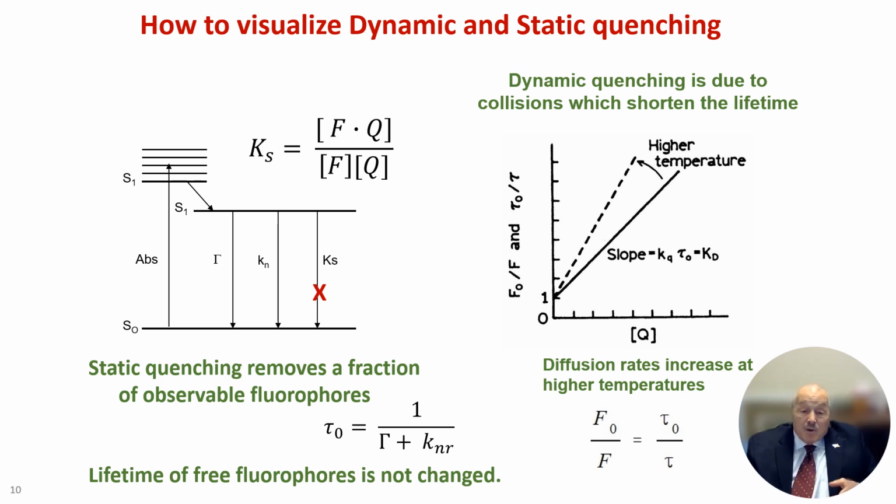So the static quenching removes some fraction of the fluorophores from the observable population. In the case of dynamic quenching, the quenching is due to collisions with the quencher, which shorten the fluorescence lifetime. And of course, the diffusion rates are increased at higher temperatures.